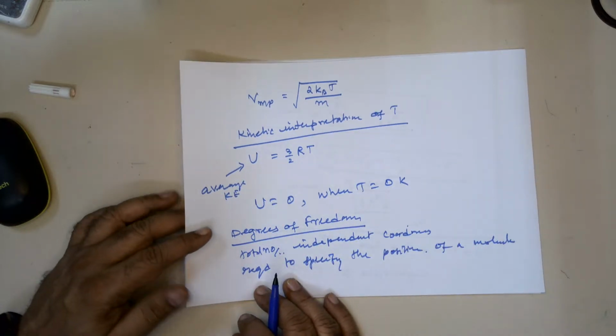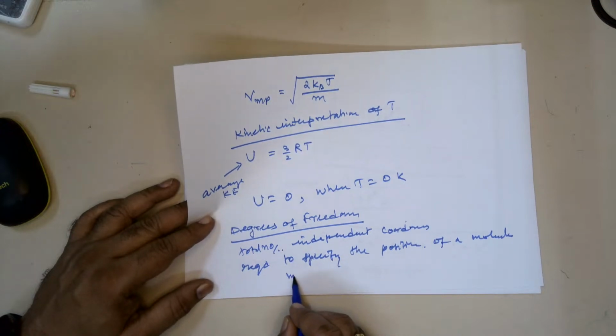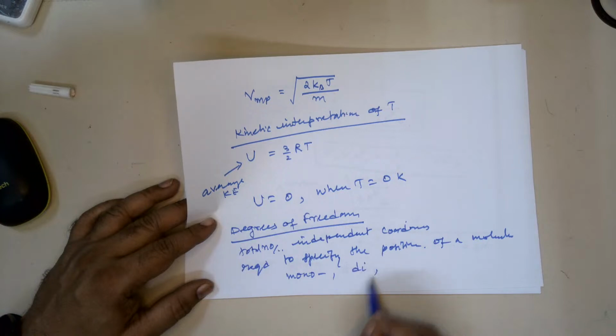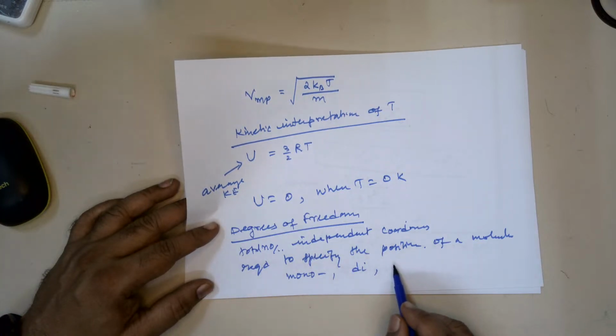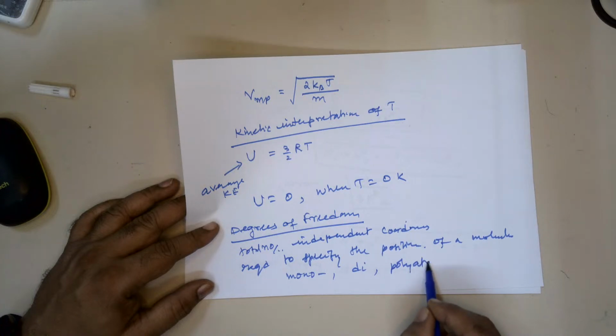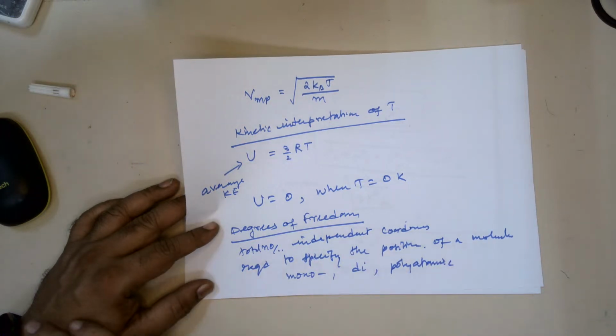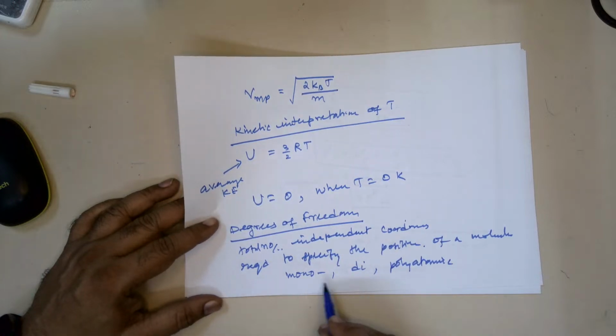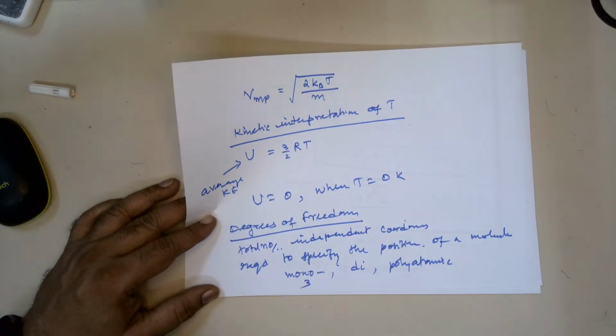And this can be for monoatomic, diatomic, triatomic, or polyatomic molecules. If it is a monoatomic, it has degrees of freedom 3. If it is a diatomic, it has degrees of freedom 5.